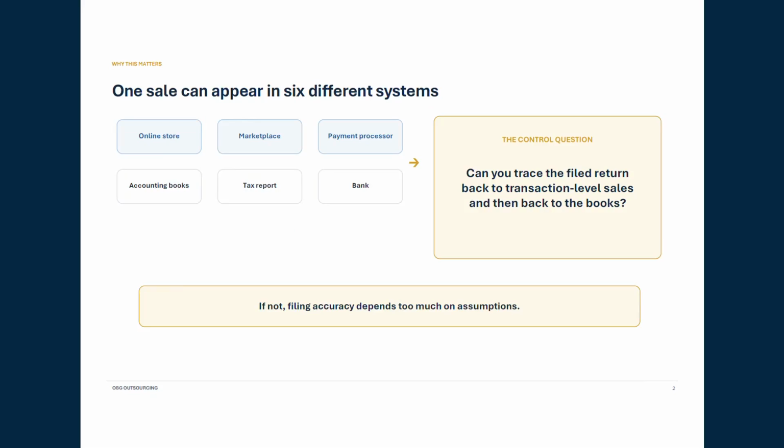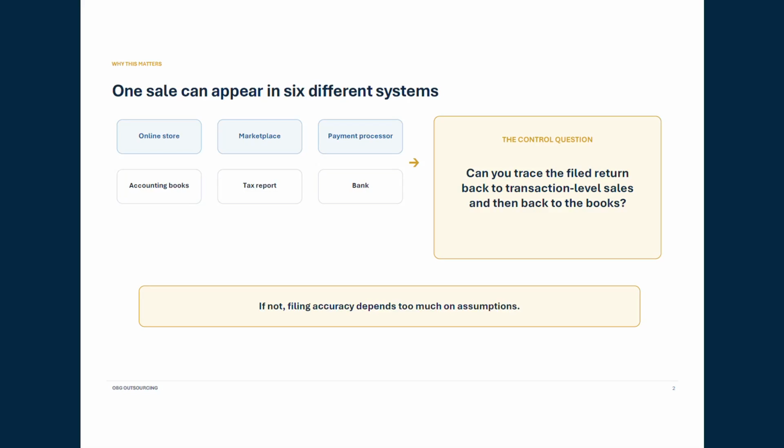Multi-state sales tax is really a data control problem. One sale can appear in your online store, your marketplace report, your payment processor, your accounting system, your sales tax software, and your bank. If those systems are not reconciled, the return can be wrong, even if each individual system looks reasonable.